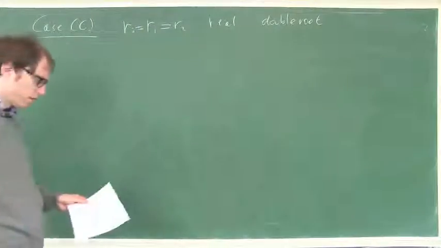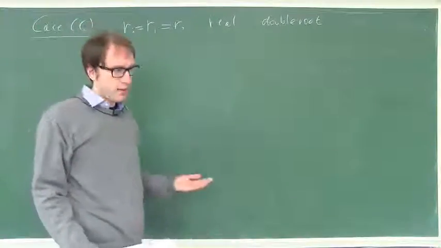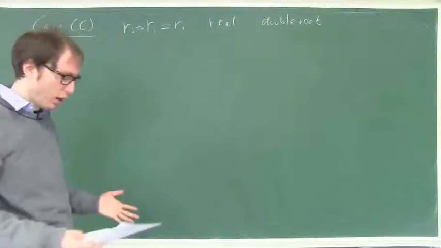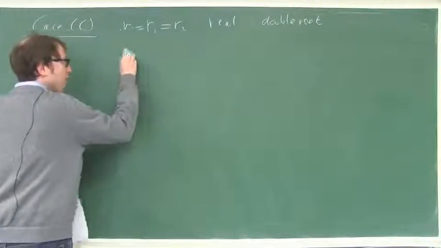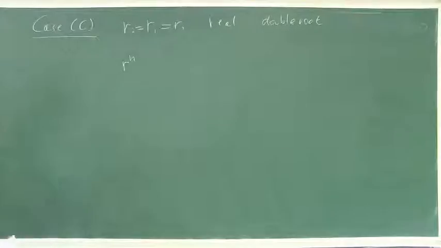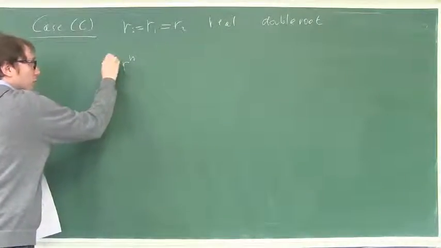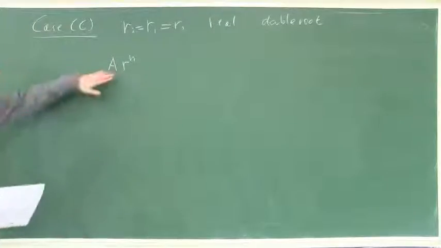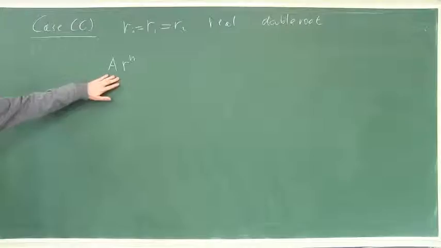And how do you proceed in this case? This is something where it's very hard to come up with on your own. Again, of course, we know that r to the n solves the recurrence relation. Multiplying by a constant will still satisfy the recurrence relation. You've seen that. But how can you come up with something more?